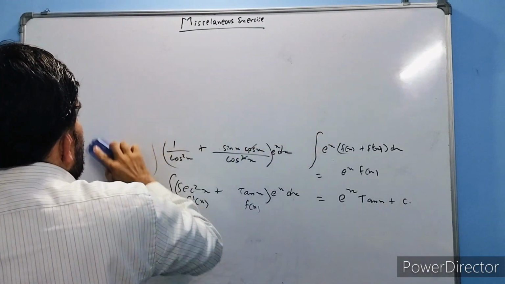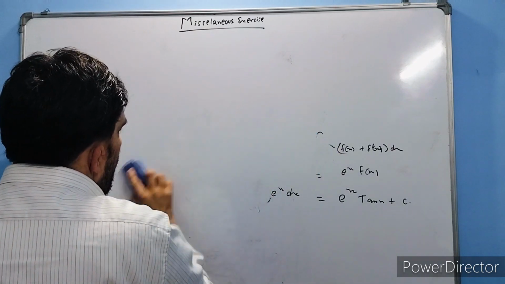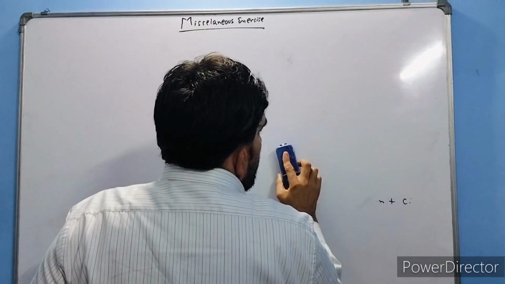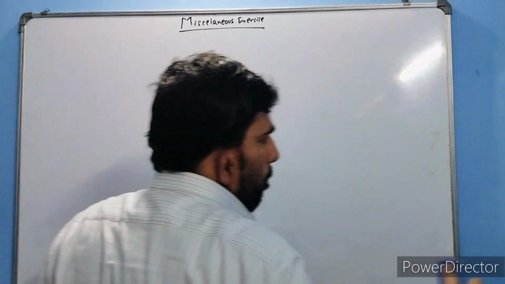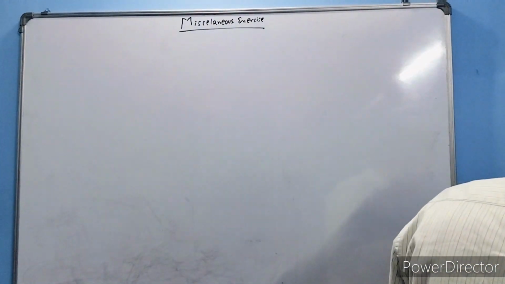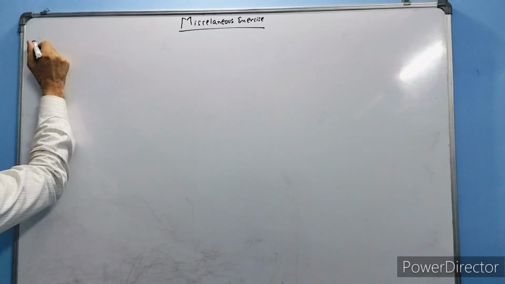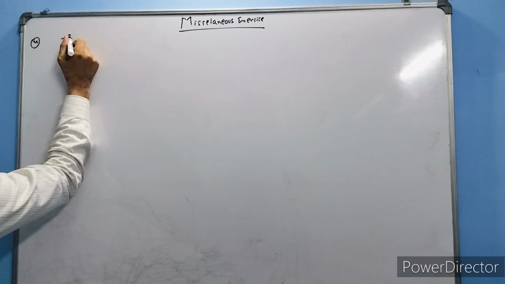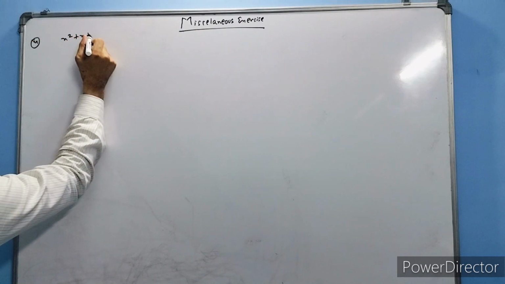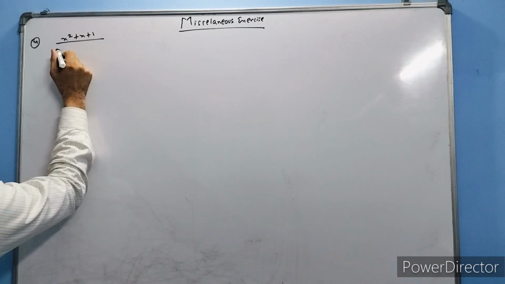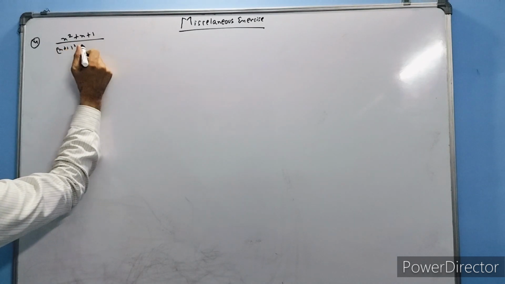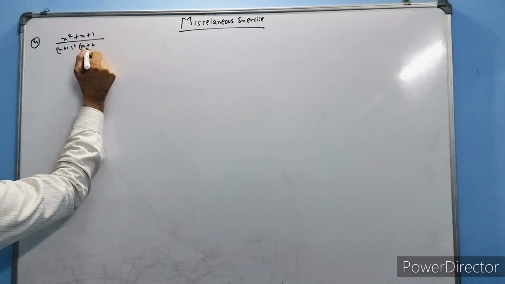We have solved just 3 numericals. Now the 4th numerical I have is x square plus x plus 1 upon x plus 1 whole square times x plus 2.